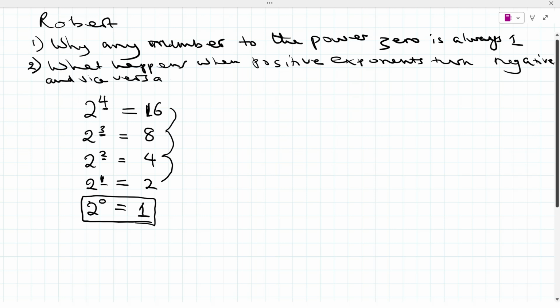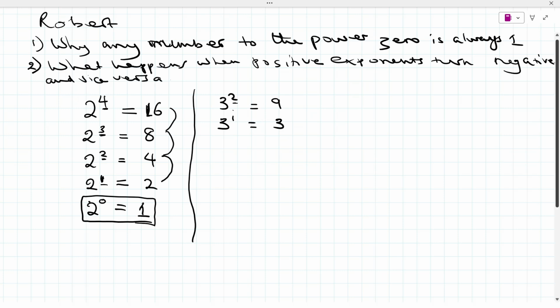If we took another example, it would certainly be the same. Let's suppose we had 3 to the power 2. This would mean 3 times 3, which would be 9. Then if we reduce the exponent by 1, this would be 3 to the power 1, and this would be 3.